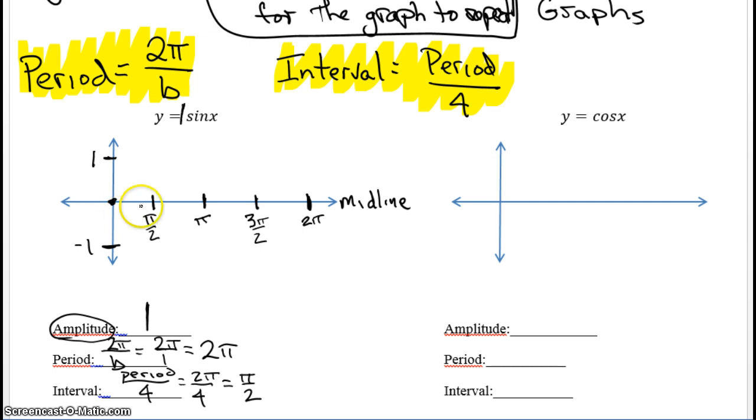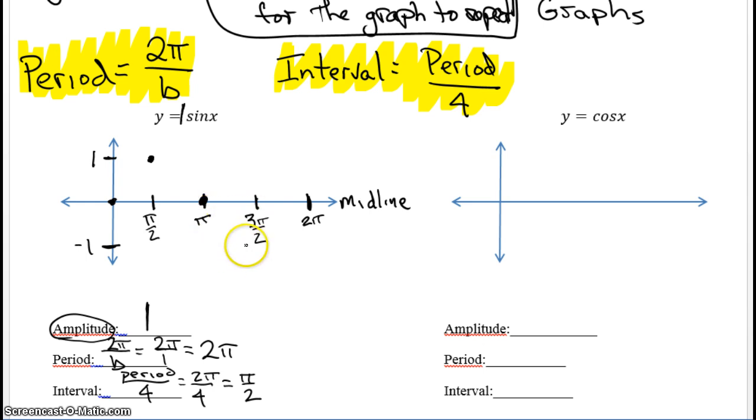And moving to the right along the x-axis, I now move up so that at pi over 2, at the end of my first interval, I put a point at 1. Continuing to move to the right, now the graph is moving down. I'm back at the midline at pi, and I put a point again.